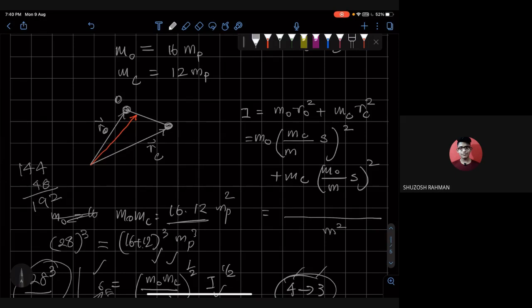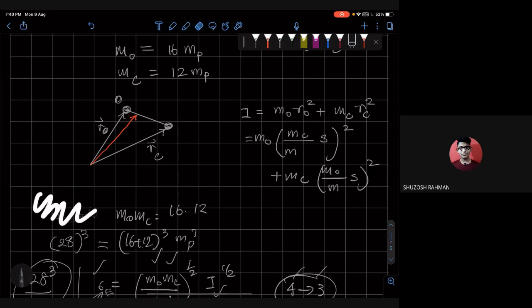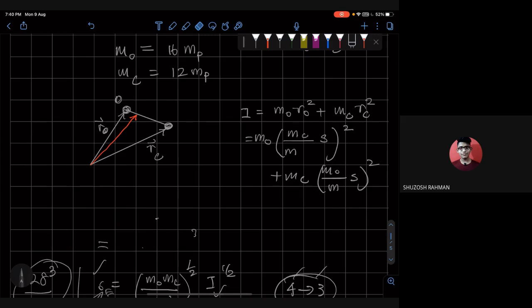Okay. So Nahid, is this what you did for the moment of inertia? Is this the calculation you did? I just took it from the center of mass.